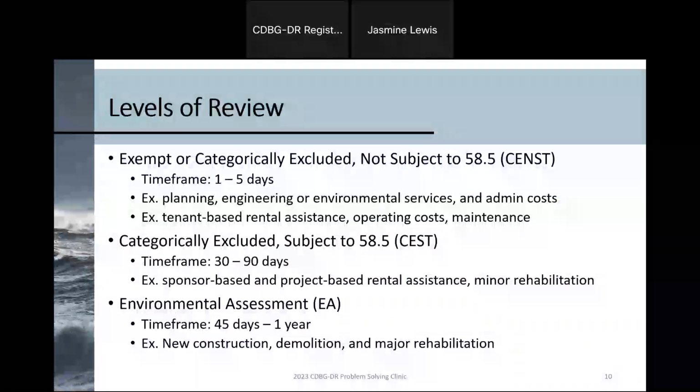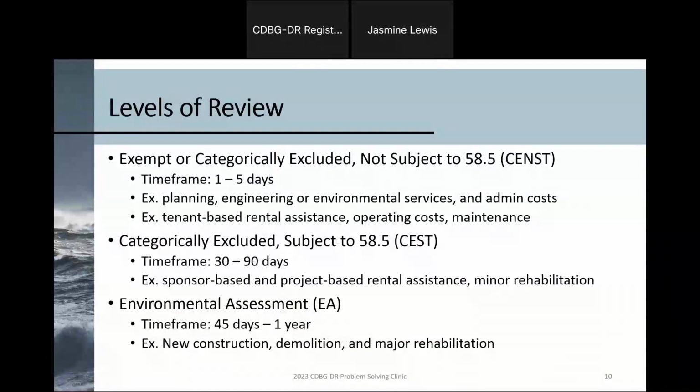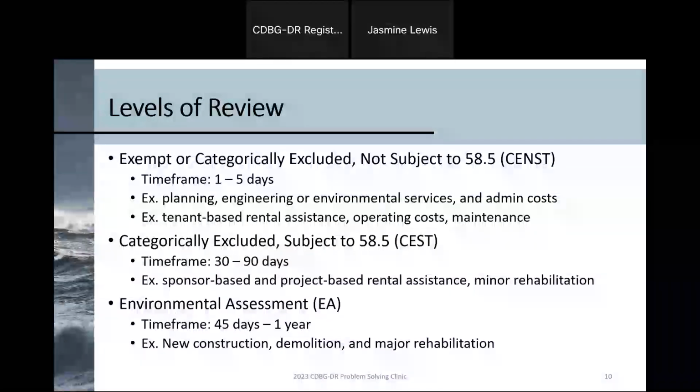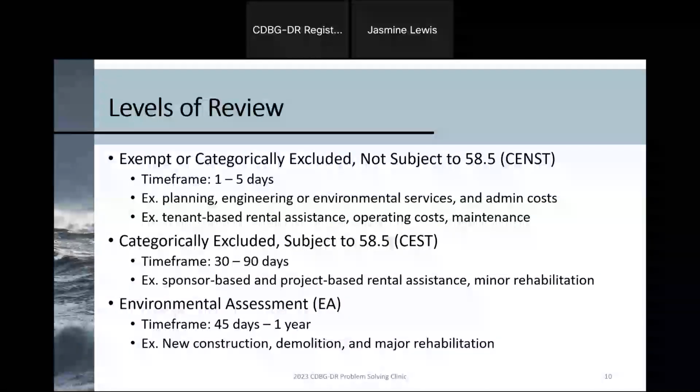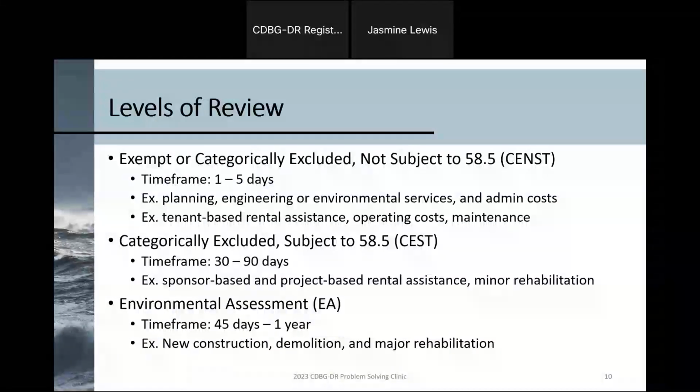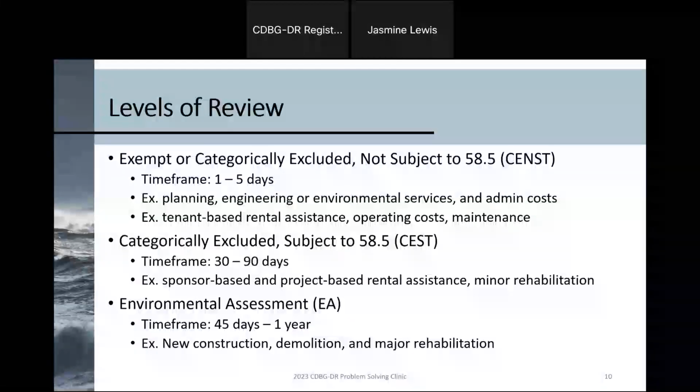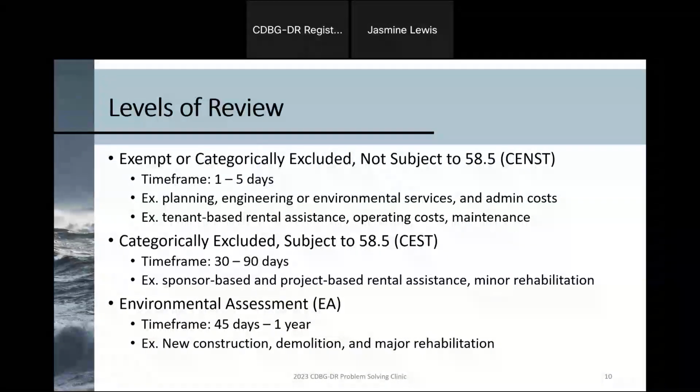Now, looking at the higher levels of review, let's first start with categorically excluded subject to the laws and authorities at 58.5, or CEST. These activities will usually have a physical impact and can include acquisition and leasing, disposition, public facility and infrastructure improvements, ADA improvements, and minor residential rehab activities. There are technical complexities when it comes to categorical exclusions, specifically with minor rehab, repair, and improvements.